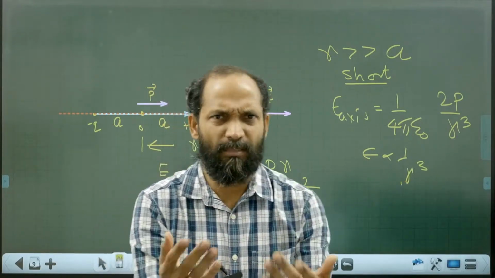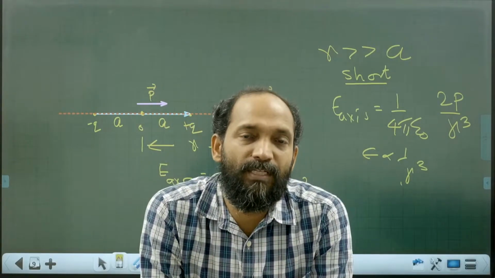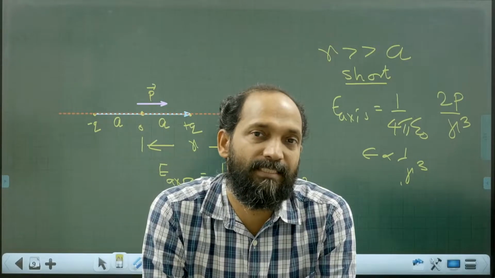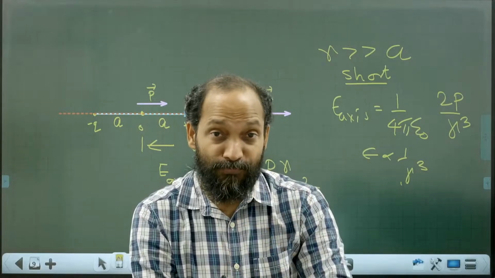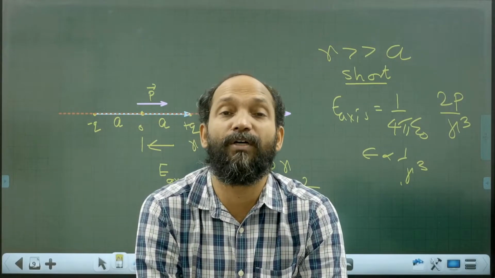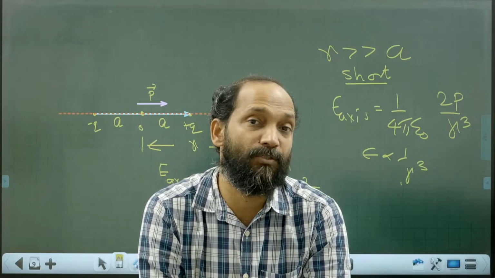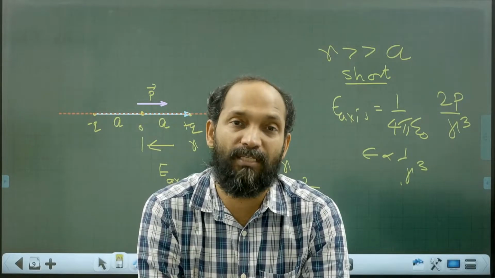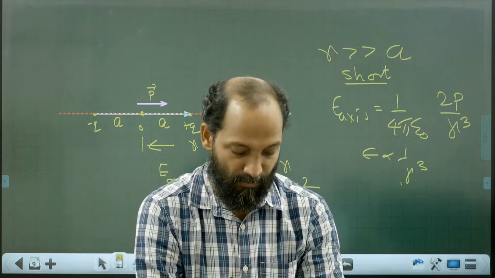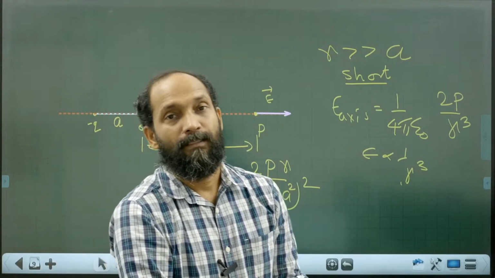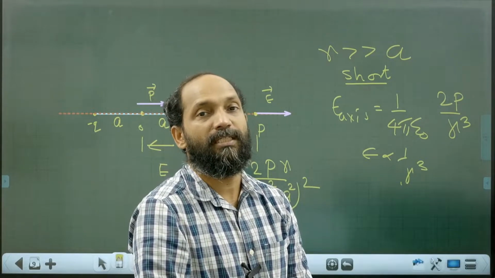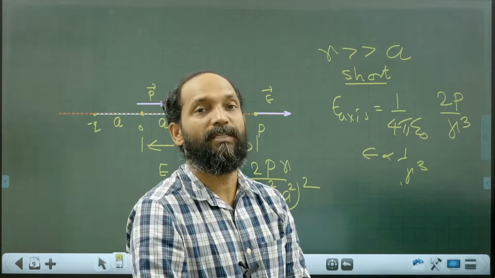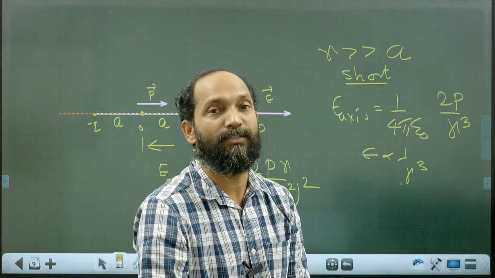Distance doubled, field becomes 1 by 8. 1 by 8 means it has become half of 25%, that is 12.5%. That type of question may be asked: at a point along the axis of a short electric dipole, the field has been reduced by a factor of 12.5%.